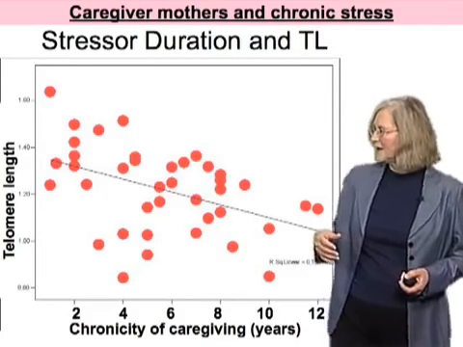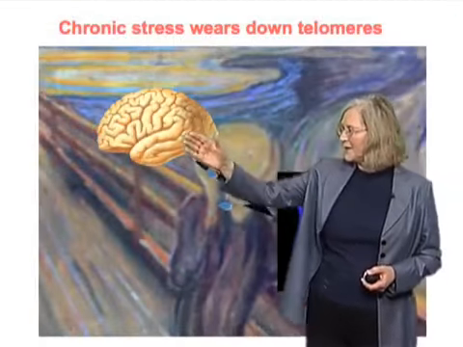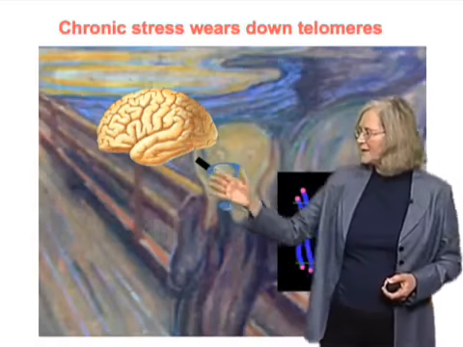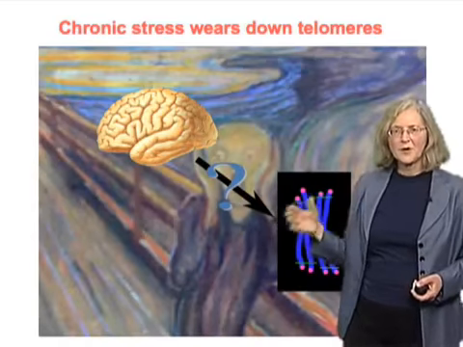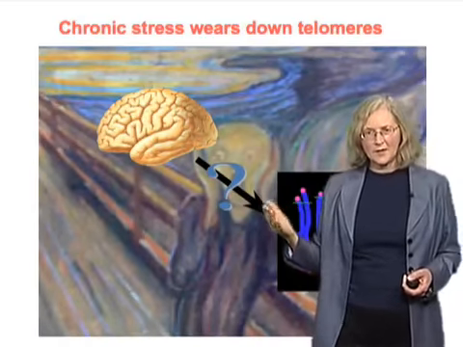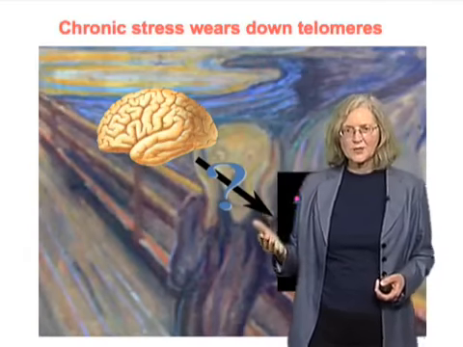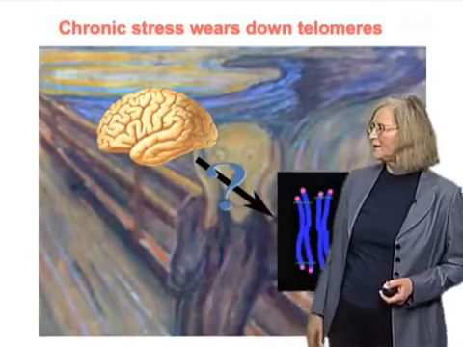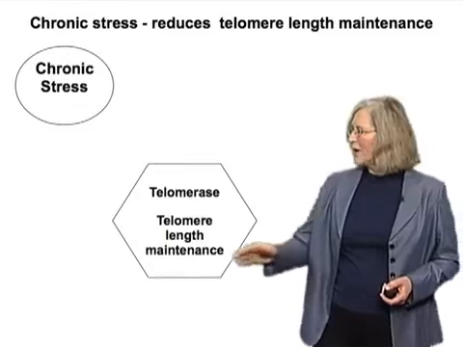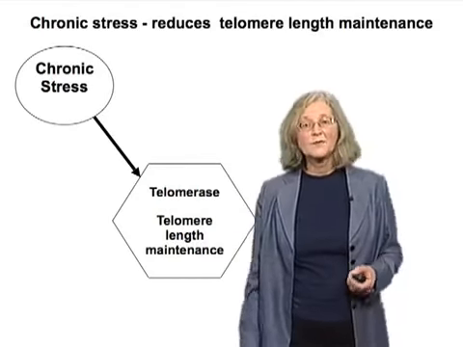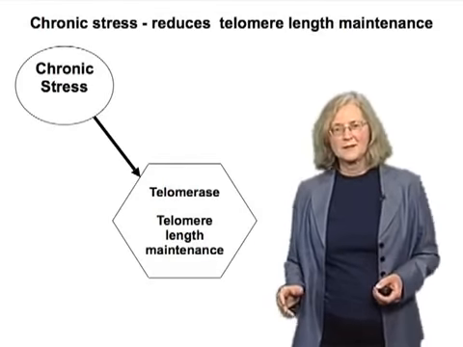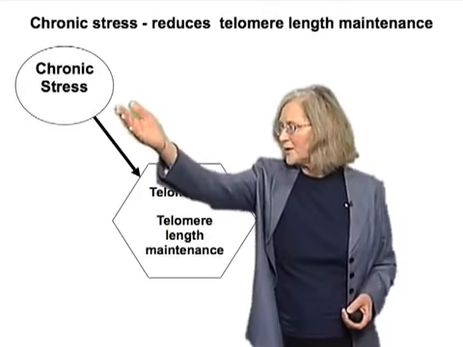So this gave us an important kind of indicator that chronic stress is what's wearing down the telomeres because of this number of years of caregiving, that objective stressor situation being directly related. So we have one arrowhead in this otherwise, no doubt, very complex set of interactions, and that is chronic stress.